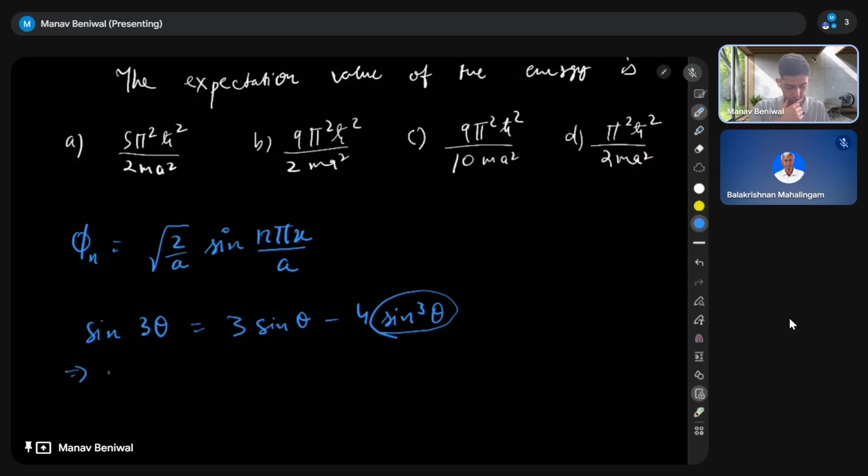Okay, so this would imply that sine cubed theta will give us 3 by 4 sine theta minus 1 by 4 sine 3 theta.